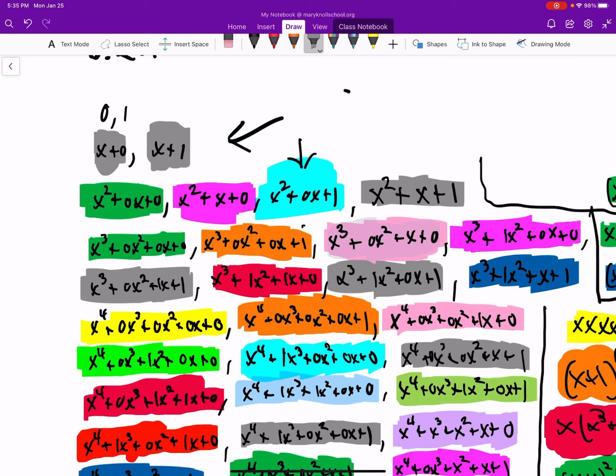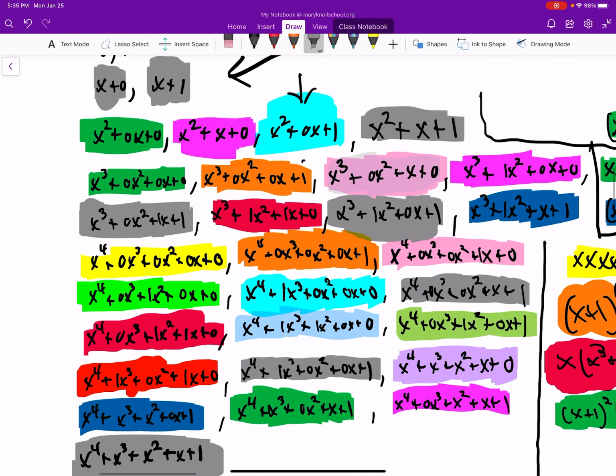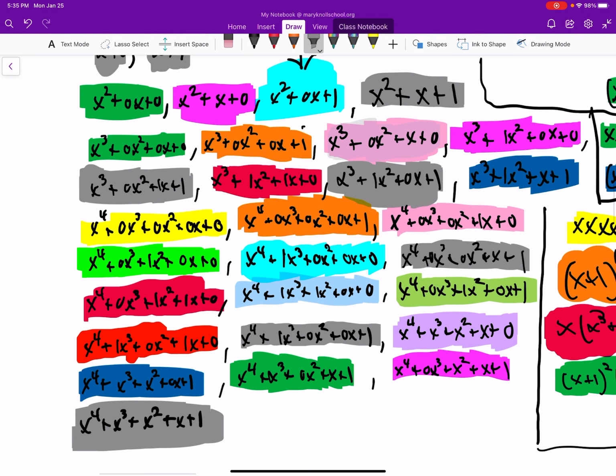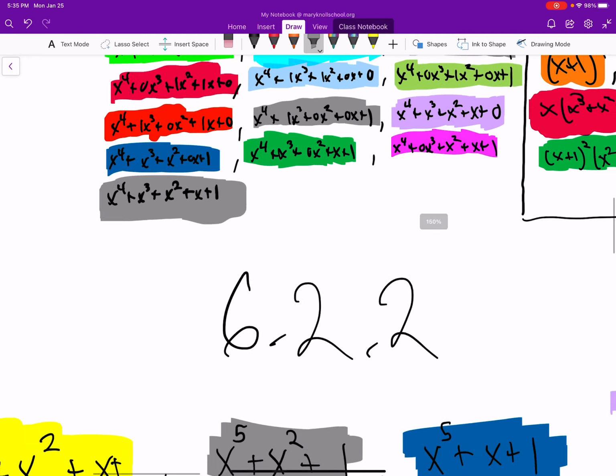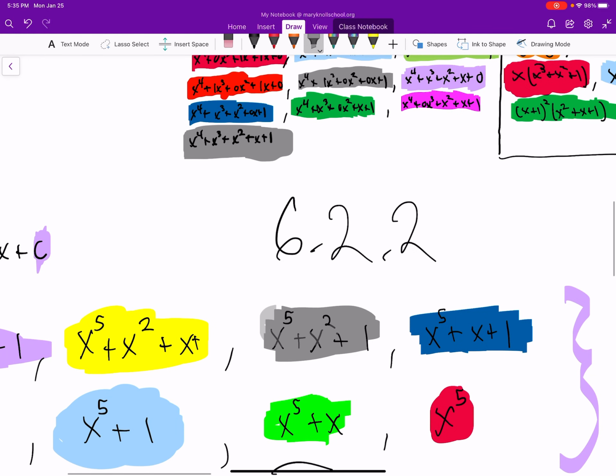I tried just the regular x, I tried this one, I tried this one, and this one, and none of these divided into it. So that's the end, because if one of these x to the fourth divided into it, well then what we would have is some x to the first power, which we already know these did not divide into it. So we're done there. That one is prime.